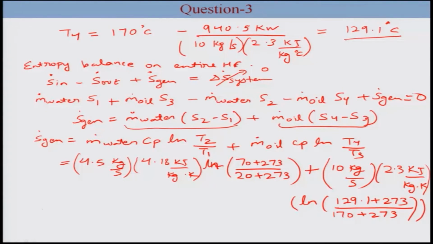So, this gives a value of S gen equal to 0.736 kW per Kelvin. So, this is the rate of entropy generation in the heat exchanger.